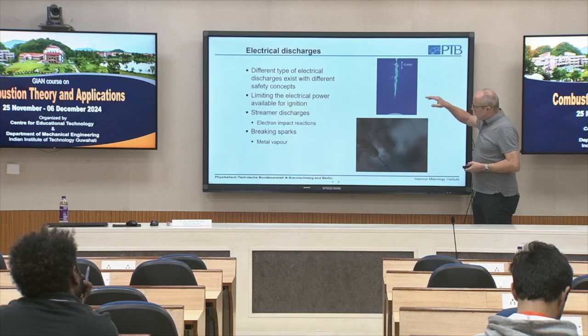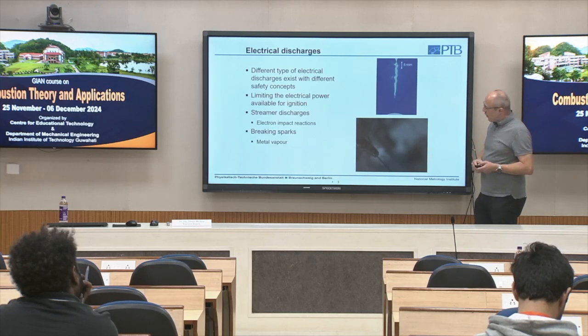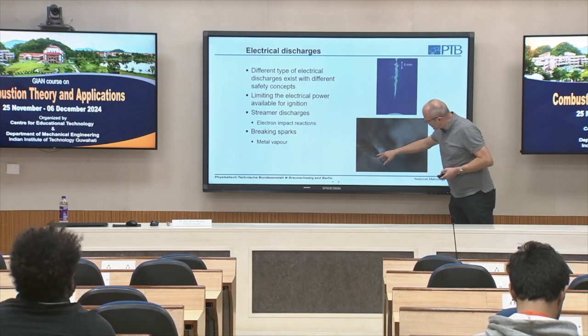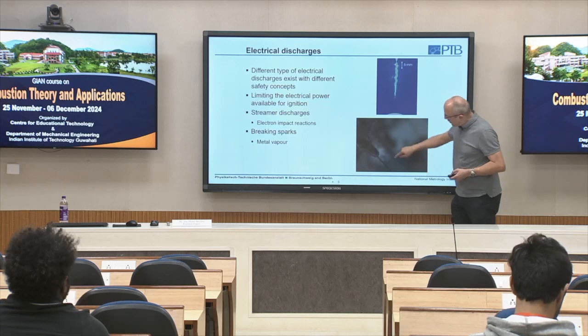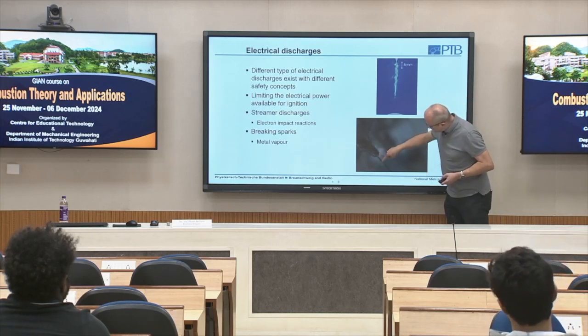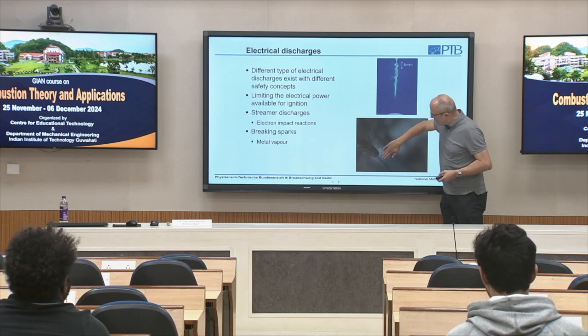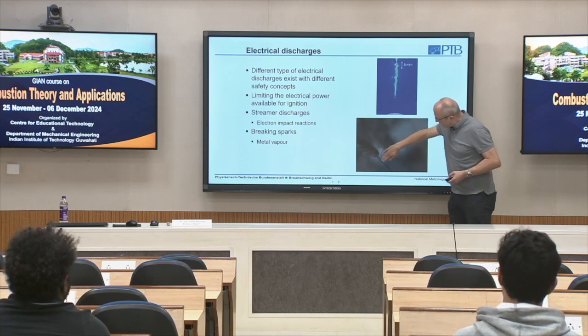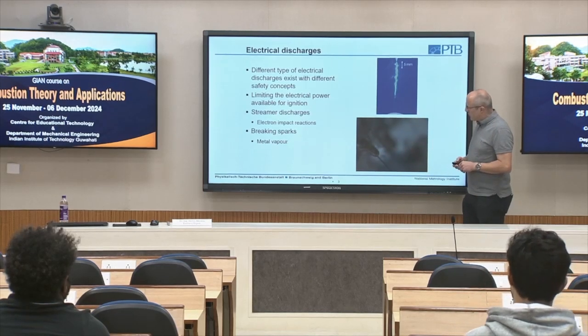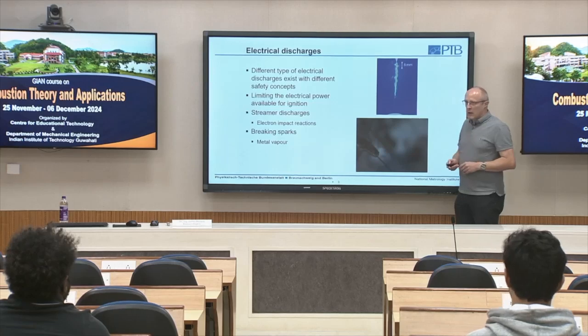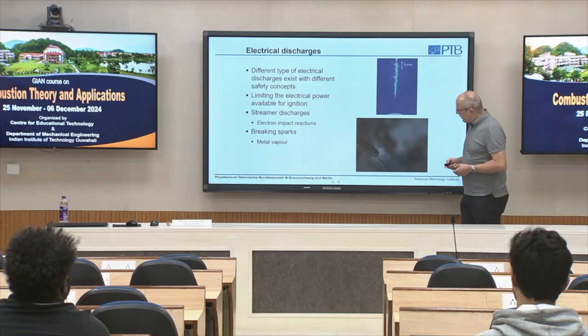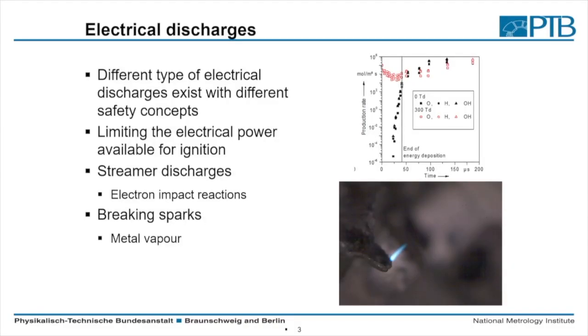But of course, when you have such a closed system which you open, so we have here two electrodes in contact, there is a current flowing through this system, and then we open it. So you see, when we open it, a spark is formed.